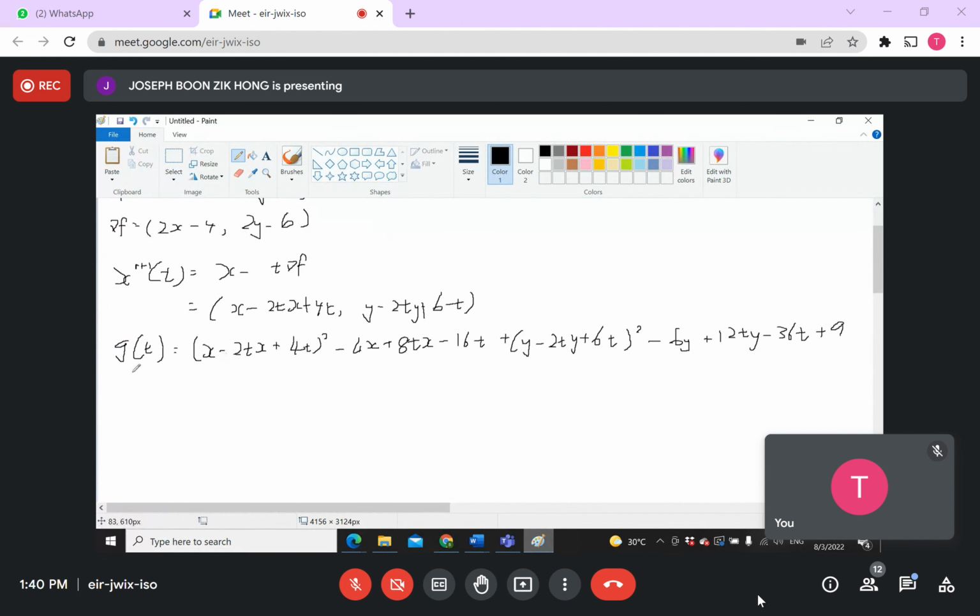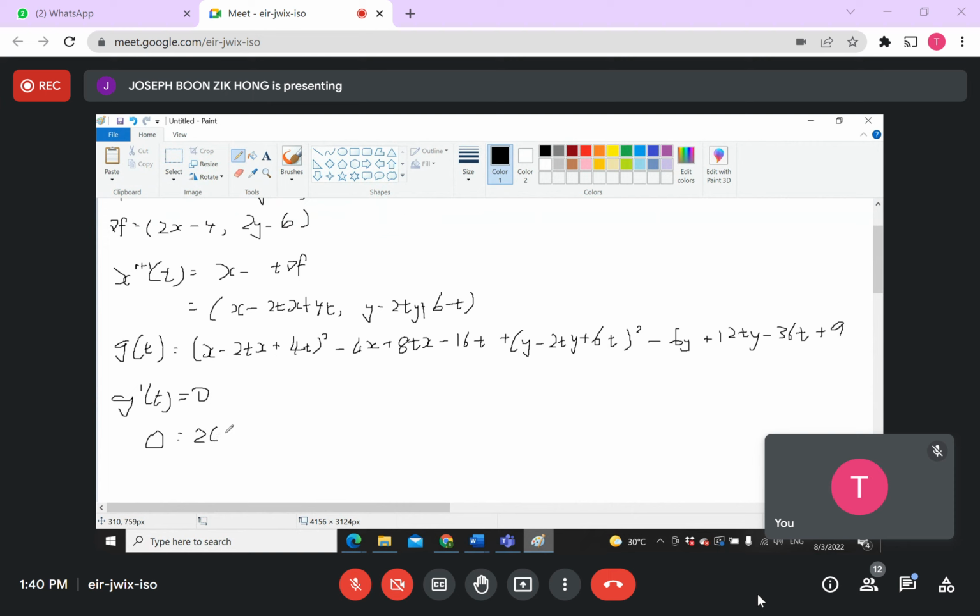Okay, and in order to get the t, we let g prime of t equal to 0. So this one differentiate with respect to t.